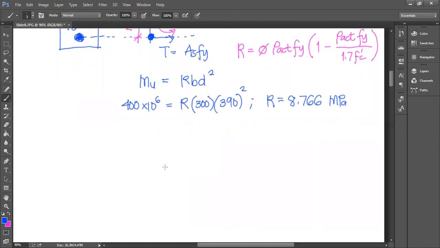Ngayon, sir, hindi ko alam kung ano yung value ng phi. Given na wala naman tayong tinitingnan kung yielding or not yung reinforcement kasi wala naman tayong basis. So, since this is a design problem, we need to take in consideration that ideally, design should be tension controlled.